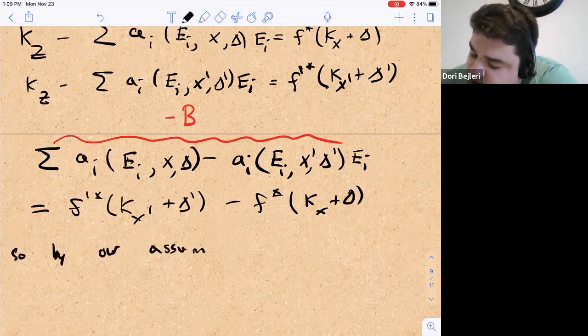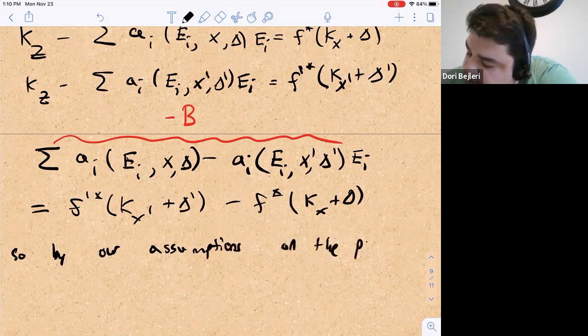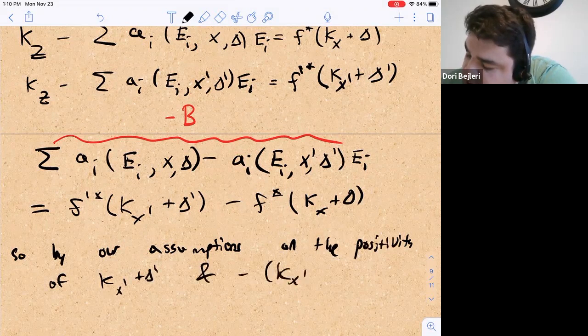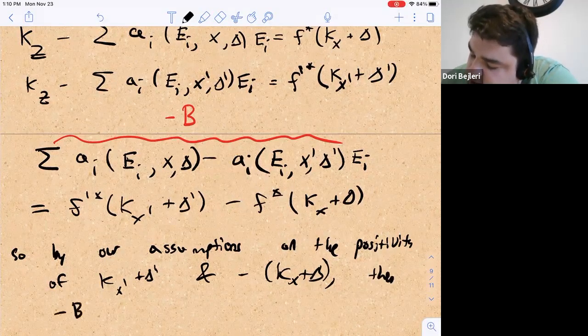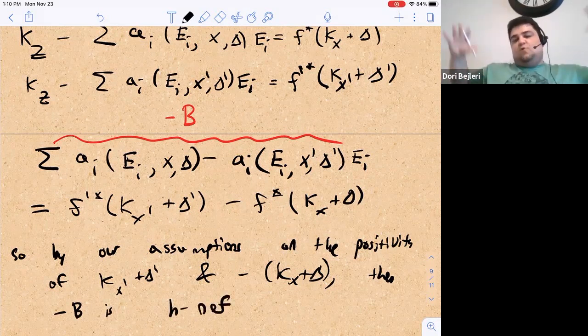So by our assumptions on the positivity of kx prime plus delta prime and minus kx plus delta, this difference minus B is nef. Again, we're only looking at curves that are contracted down to Z, and we're ignoring all the other curves.